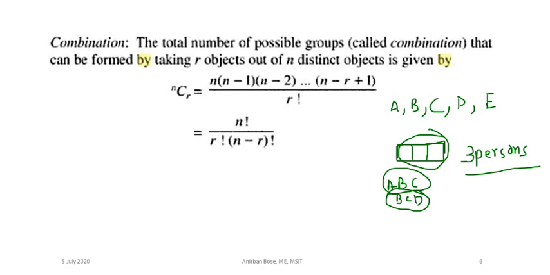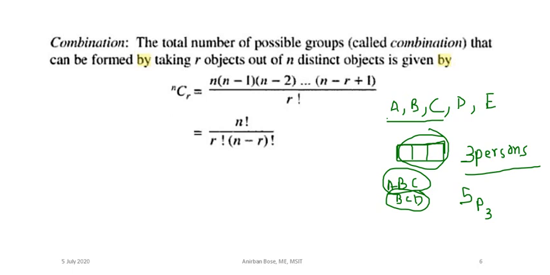First of all, if we consider how many ways we can arrange any 3 of them, what is the answer? That you know was 5P3: out of 5, how many ways we can arrange 3.